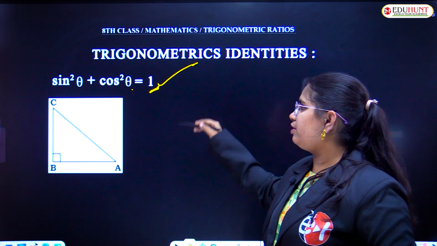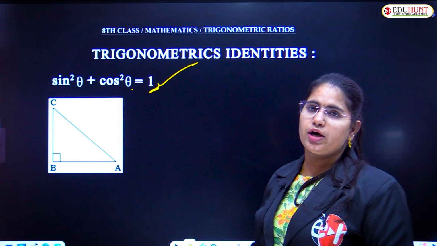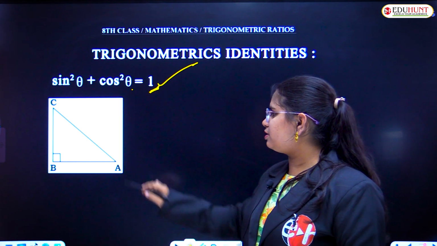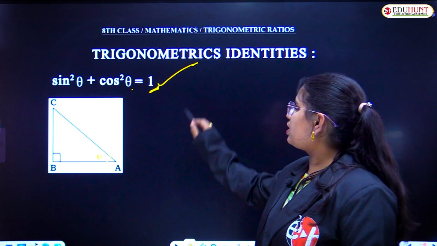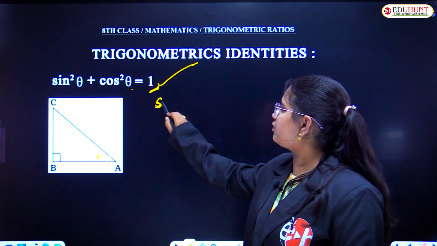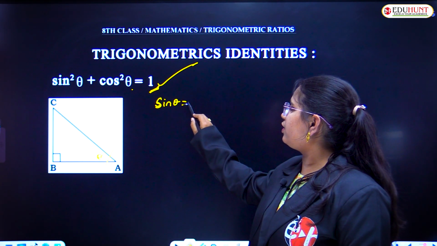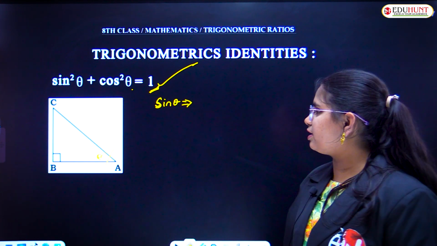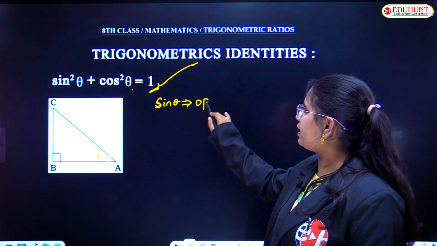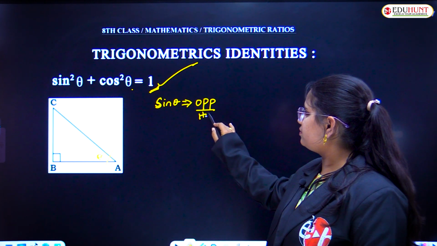Fine. So here, let me take sine square theta. Basically, this is our theta, correct? How do you define sine theta from the figure? As usual, sine theta can be defined as opposite side by hypotenuse side.